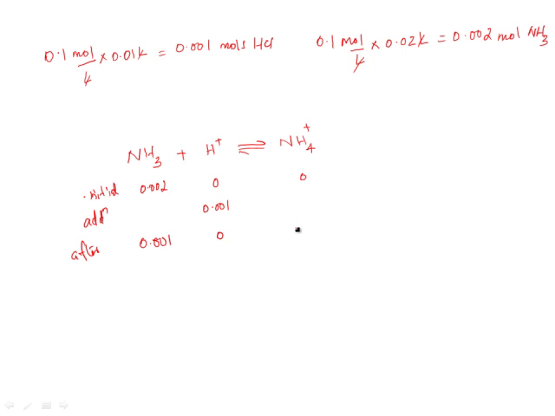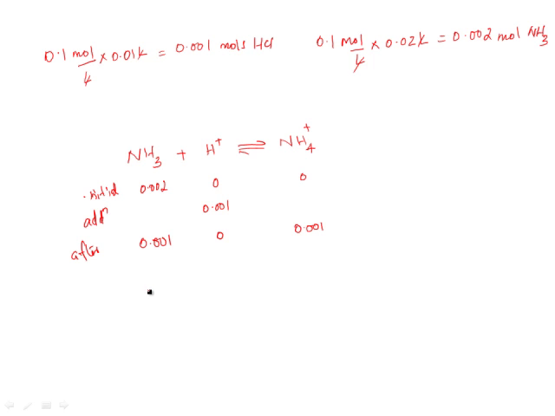Same amount, 0.001. Now, this is the cation which is formed, and we are going to write the dissociation of this cation, right? Okay, so how does that dissociate?